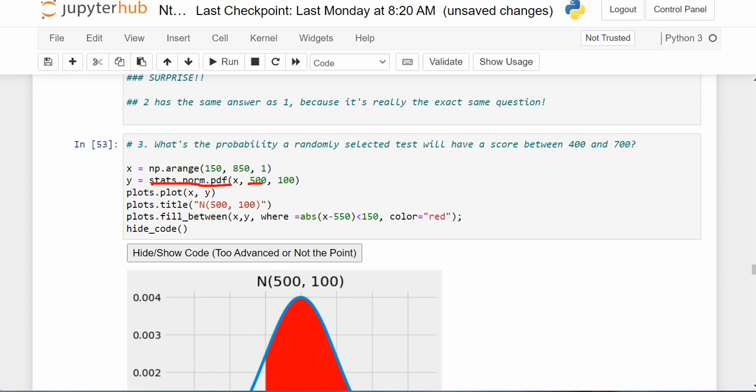And again, the distribution still has an average of 500 and a standard deviation of 100. And notice now we're telling it to fill between X and Y, and this is doing the math to get everything working right, to get between 400 and 700.